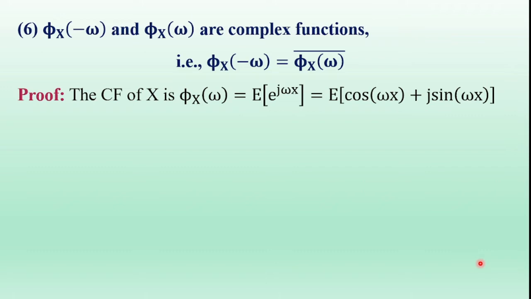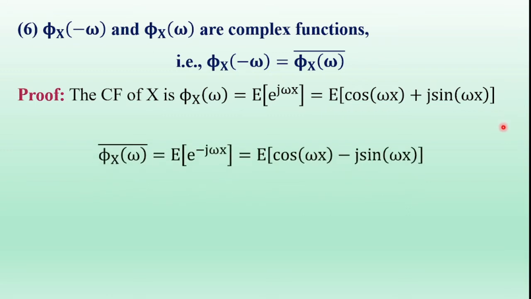From the definition of the characteristic function, pi x of omega is equal to expectation of e power j omega x. Using Euler identity, the expansion of e power j omega x is cos omega x plus j sin omega x.